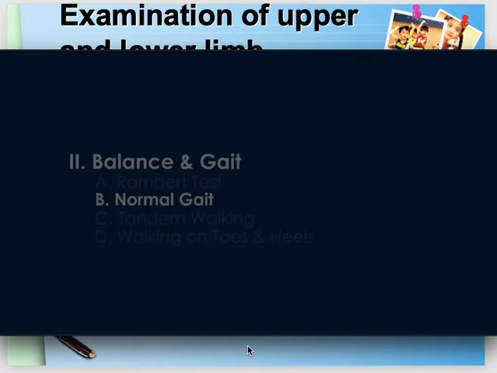So if you can see the Romberg test and they try to explain what the Romberg test is used for, first of all, we ask the patient to stand up with the eyes open, and then we ask the patient to close the eyes, because to maintain our balance, we need visual input. There is a vestibular system inside the ears which helps in maintaining the balance. And the third thing which plays a role is proprioception, the information which is coming from your nerves, from your joints.